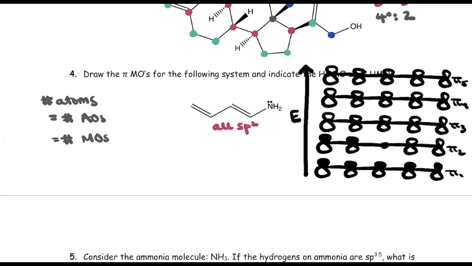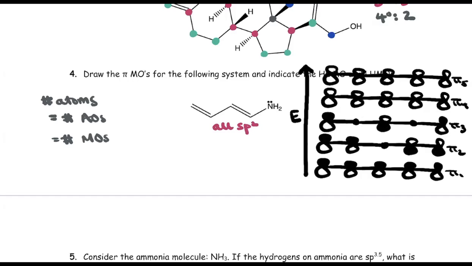For pi 3, I'm going to have this. So now I have 2 nodes. Again, the only way I can make it symmetrical is by canceling those 2 out like that.